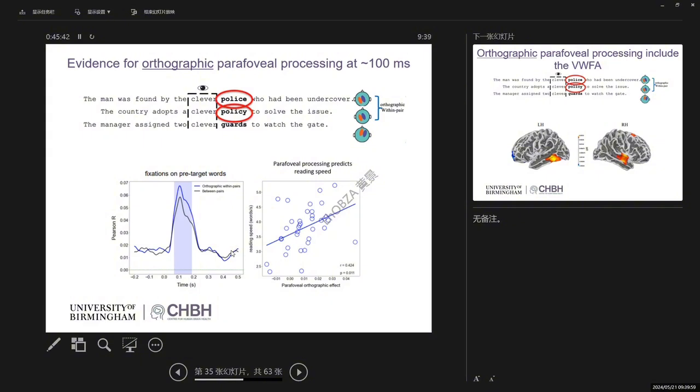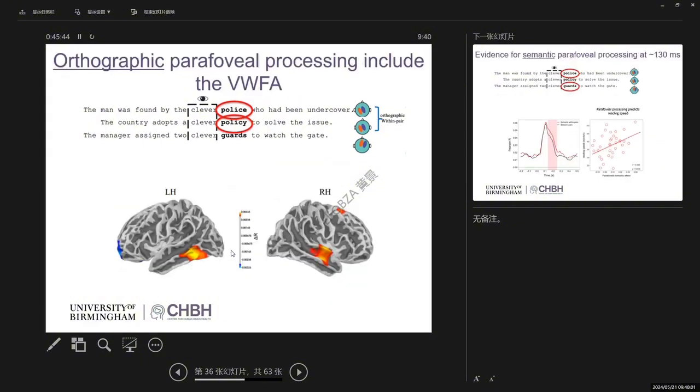Since we are doing MEG, we can also localize that effect, and we see a strong source of this in the left visual word form area, right? So this is really a nice confirmation that this works quite well.